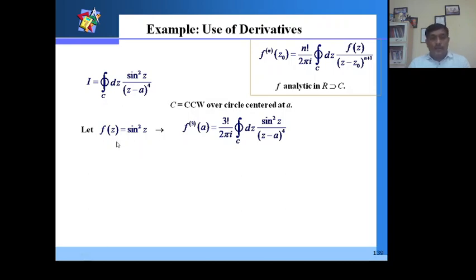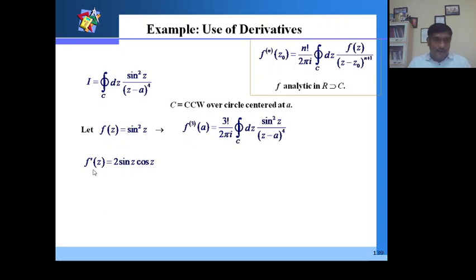Comparing, the third derivative f3(a), where z naught is a, is 3 factorial divided by 2 pi i integral of sine square z divided by (z minus a) to the power 4, here n is equal to 3. Then you can derive the third derivative, which is needed here.